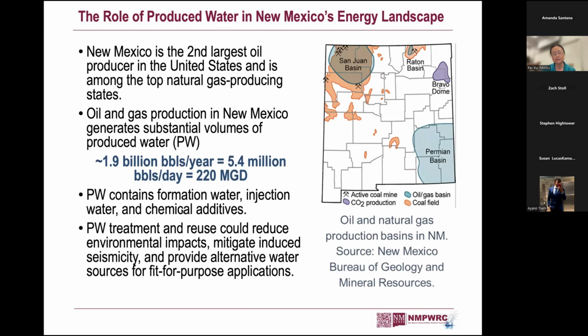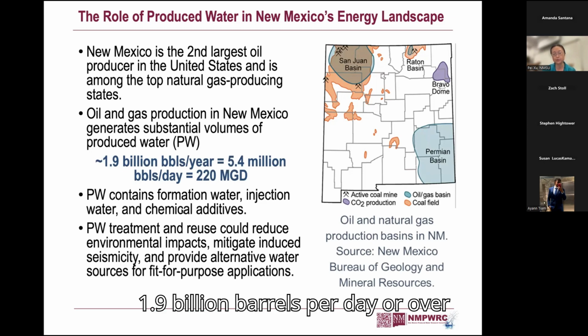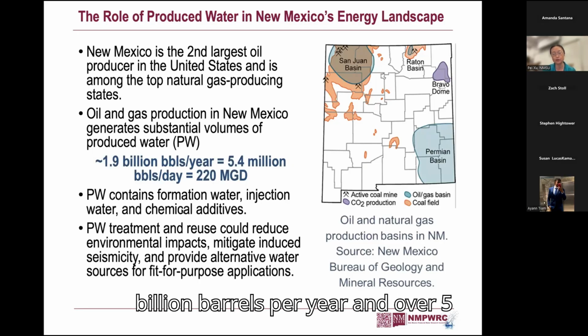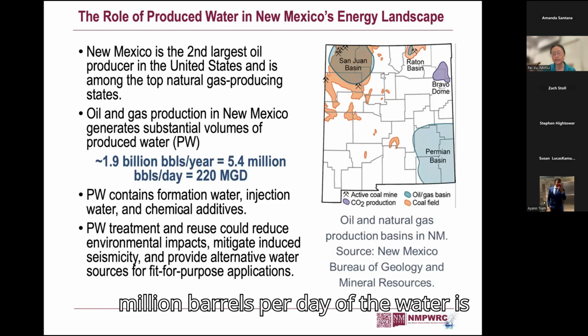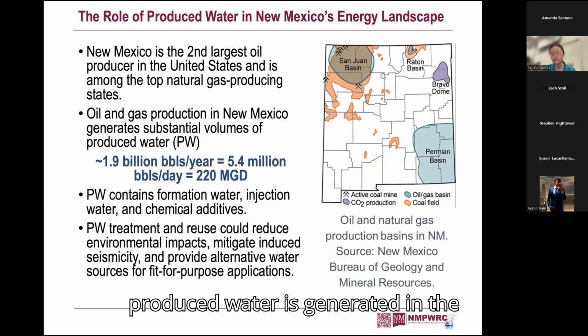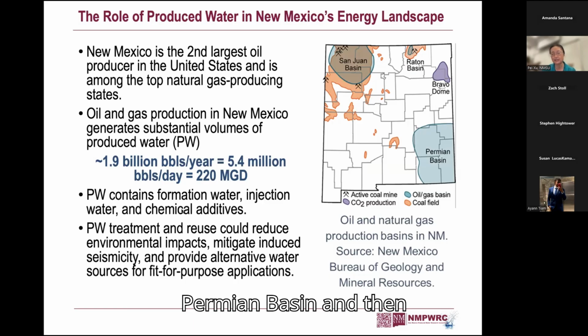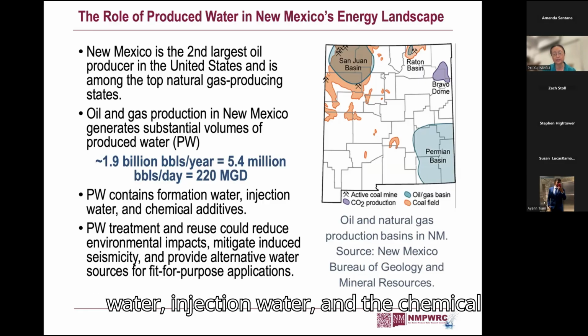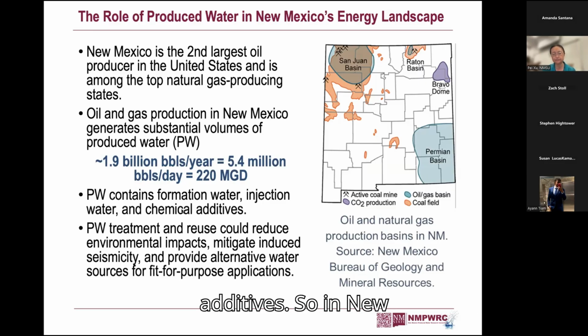It's about 1.9 billion barrels per year, and over 5 million barrels per day of the water is generated. About 98% of the produced water is generated in the Permian Basin, and then another 2% is in San Juan Basin. The produced water contains the formation water, injection water, and the chemical additives.